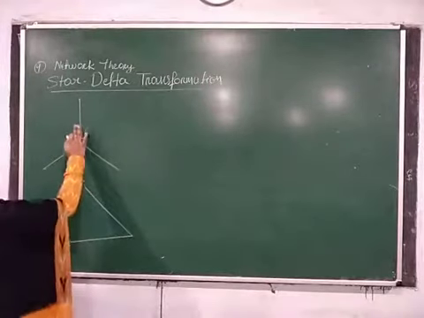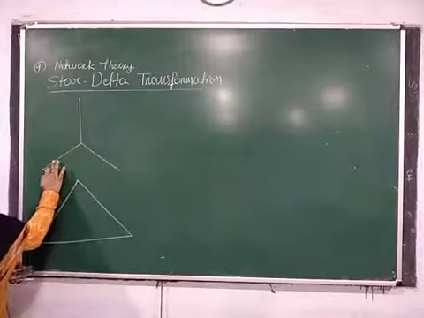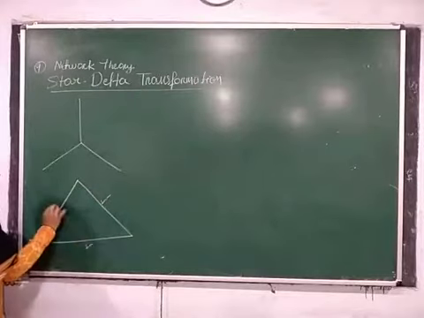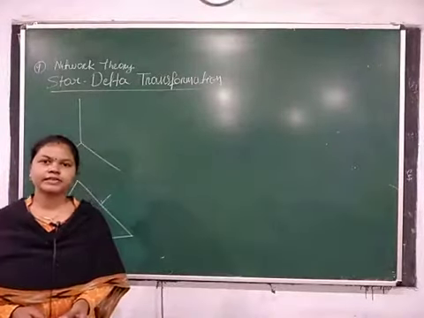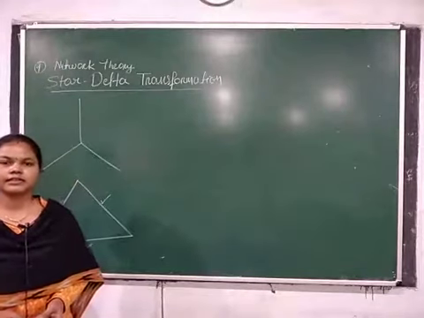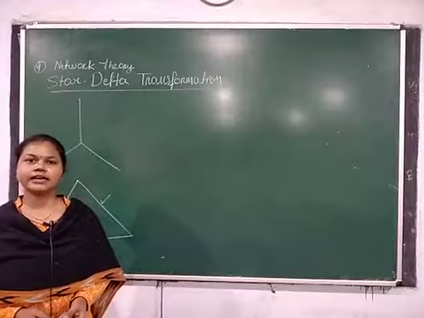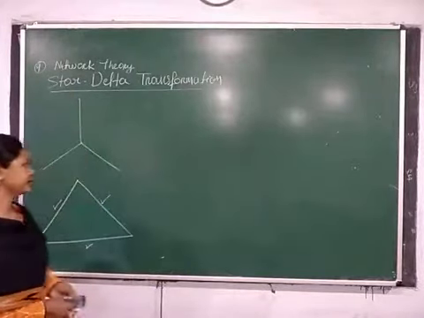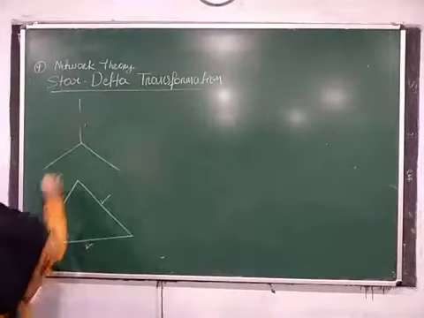And these three branches, in star connection and in delta connection, may consist of basic elements like resistor, inductor, capacitor. Let here I take the element as a resistor. So, I connect a resistor in all the three branches.